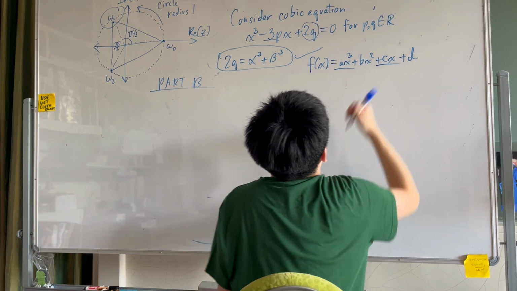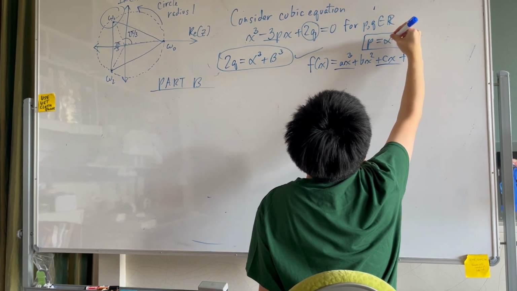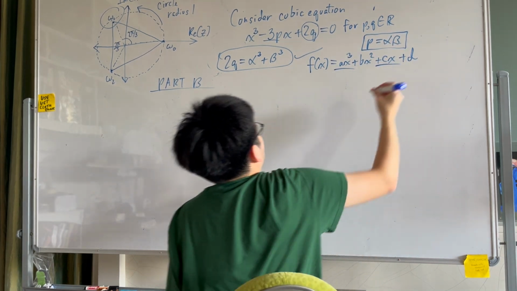Okay, just in case I need it: p equals alpha beta. We proved that.